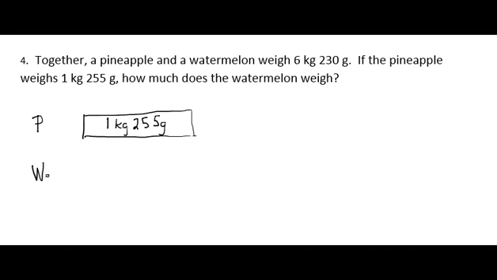Now we don't know the weight of the watermelon, but we do know that the two measurements together equal 6 kilograms and 230 grams. Well, if the pineapple only weighs a little more than 1 kilogram and the total is a little more than 6 kilograms, I know that the watermelon is going to weigh quite a bit more than the pineapple. So I'm going to make its tape a lot longer.